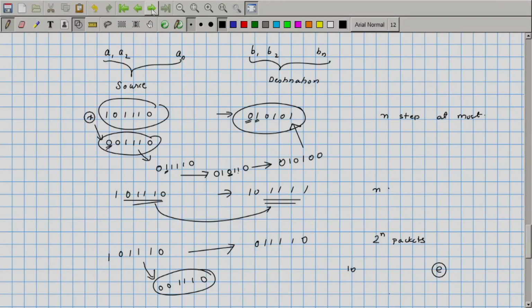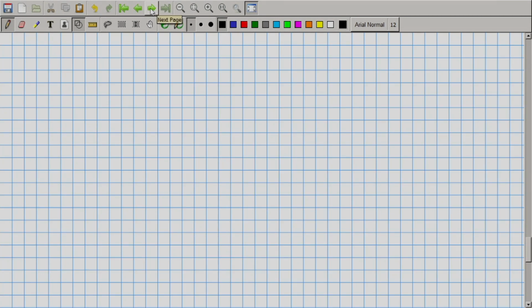But unfortunately, there are inputs on which the bit fixing protocol could behave in a particularly poor fashion. So, let us see a particular case. Let us look at an input where n is equal to 2k, A1 to AK and B1 to BK.